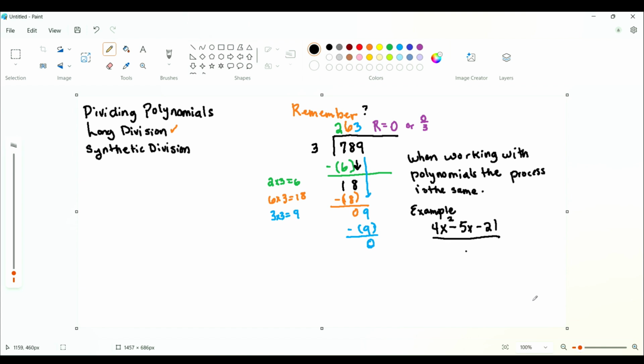So let's say we take a quadratic 4x squared minus 5x minus 21 and divide it by the quantity x minus 3. First thing is going to be the setup. Look familiar?